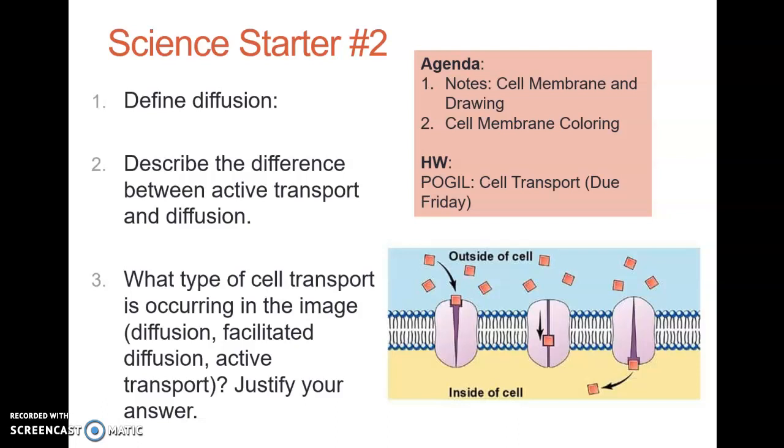Our 3 questions for today are: define diffusion, describe the difference between active transport and diffusion, and what type of cell transport is occurring in the image right here. So diffusion, facilitated diffusion, active transport, what's going on right here? And just give me one reason why you think that.